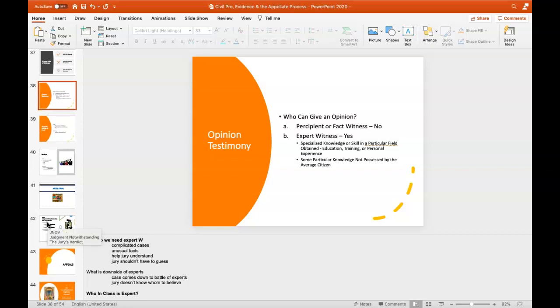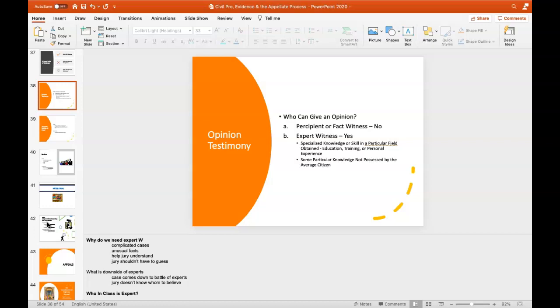Let's now turn to opinion testimony and talk about who is qualified to give an opinion in a court of law. A regular fact witness is not qualified to give an opinion. An expert witness is qualified to give an opinion. So what does it mean to be deemed an expert?